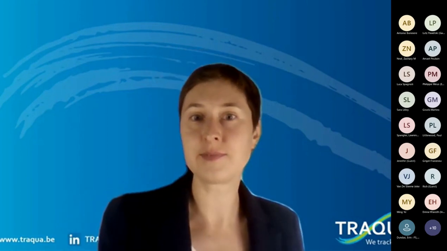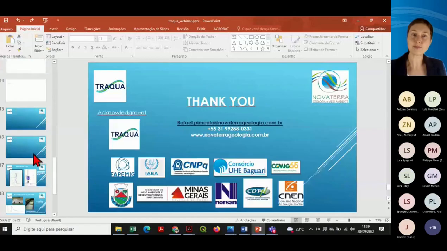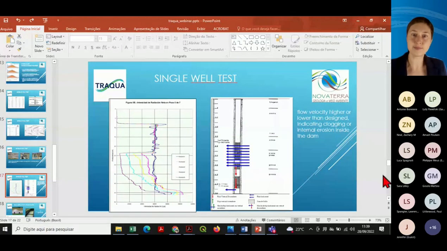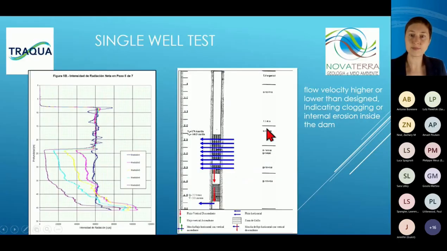Yes, the DIAs observe this vertical flux. I can share the picture again. The DIAs detect this vertical flux inside the well, and it is interpreted with this graph.